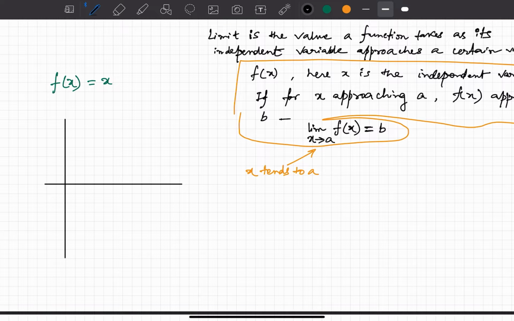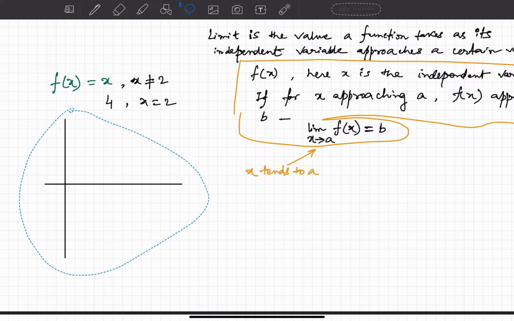Let us define the function: f(x) equal to x for all the values except x is not equal to 2. When x is equal to 2, f(x) takes a value 4 at x equals 2.